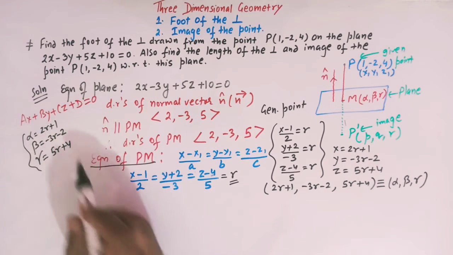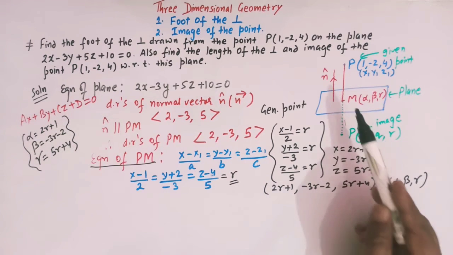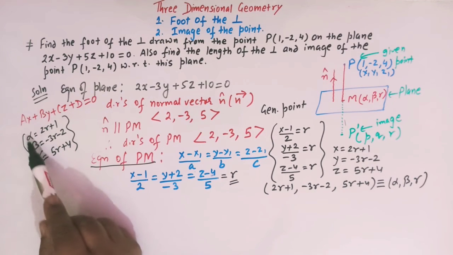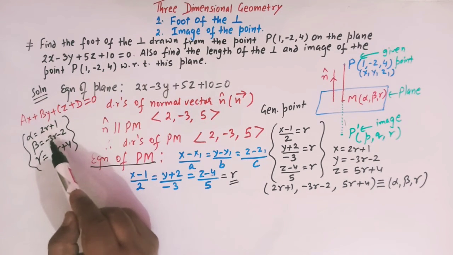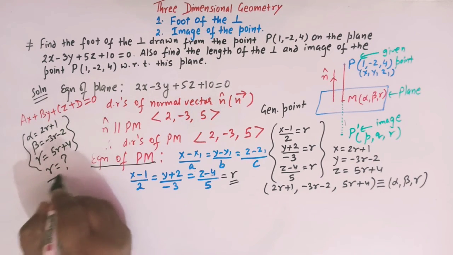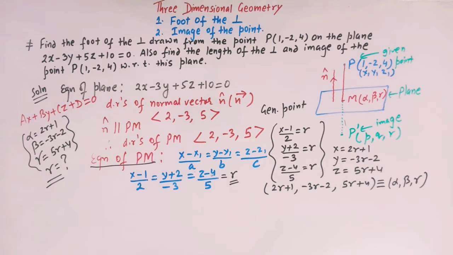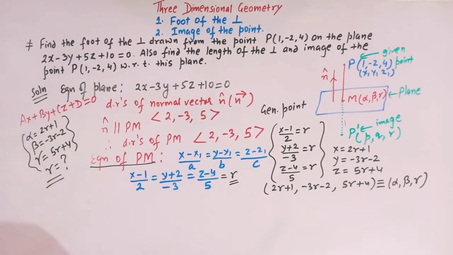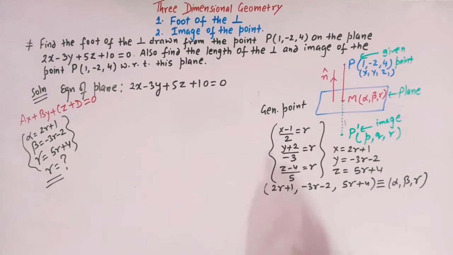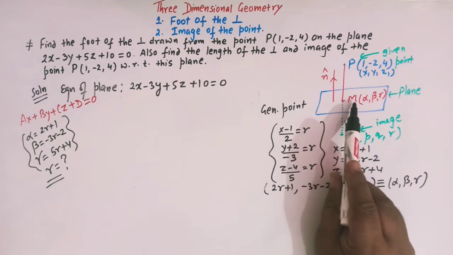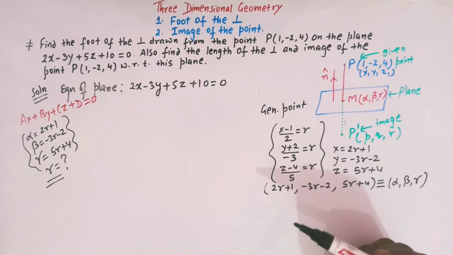So the coordinates of the foot of the perpendicular, which is M, are given by alpha, beta, gamma in terms of r, right? And now we have to find this value of r, right? So here in order to find out the value of r, we have to make use of one more important concept. Now viewers, let us see that this point M lies on this line PM, right?